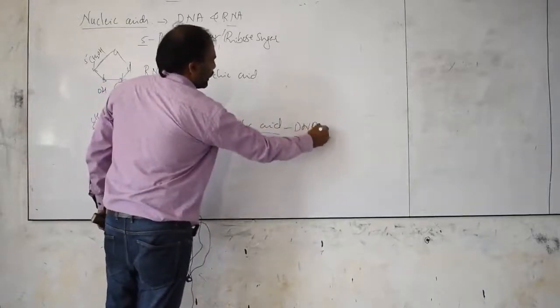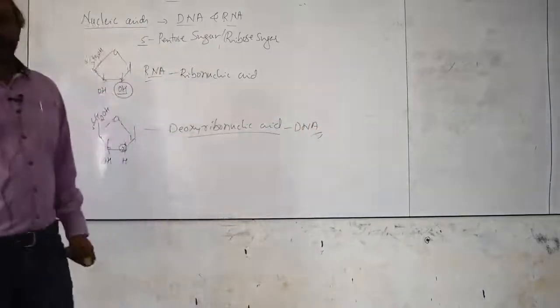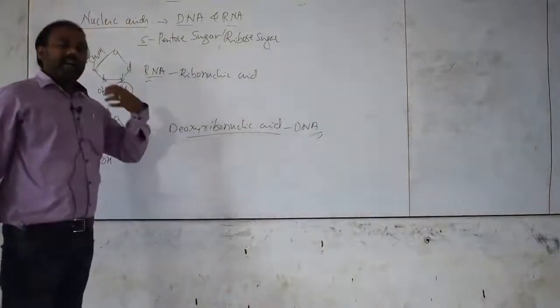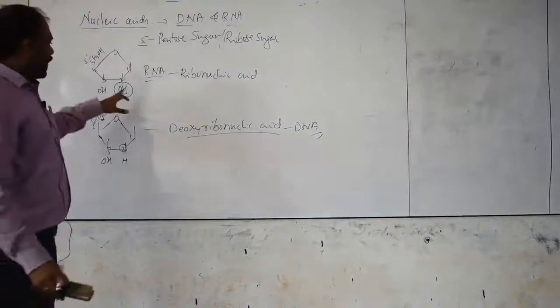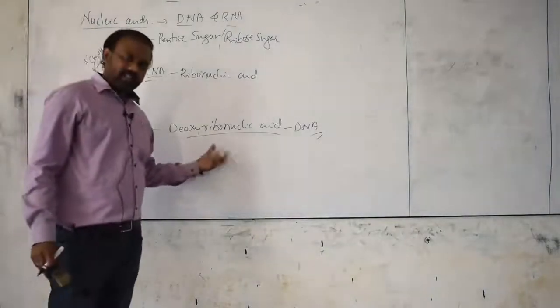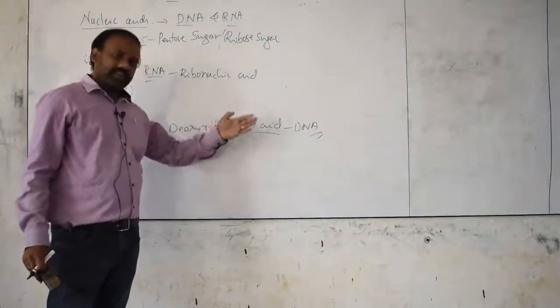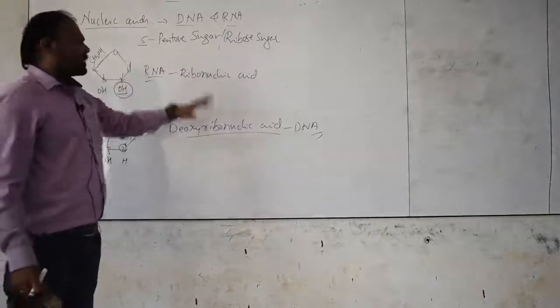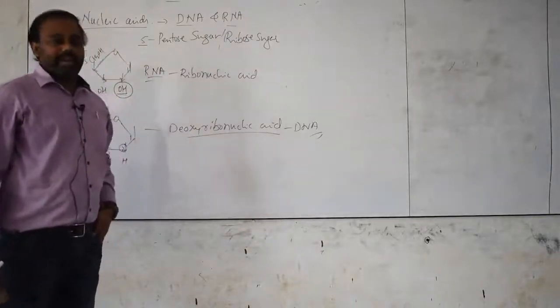Yes or no? So called DNA. The only fundamental difference is that if at the second carbon atom the oxygen is removed, it is DNA, deoxyribonucleic acid. If the oxygen is present at the second carbon atom, it is simply ribonucleic acid.